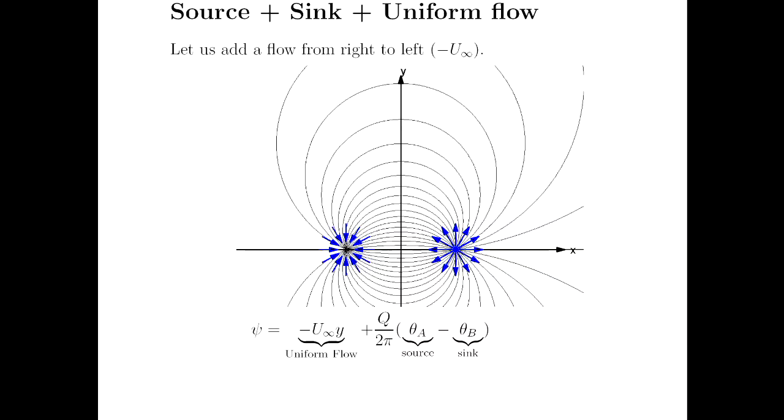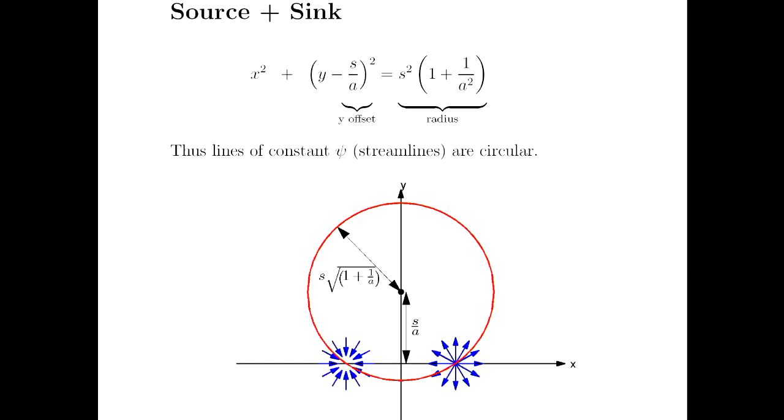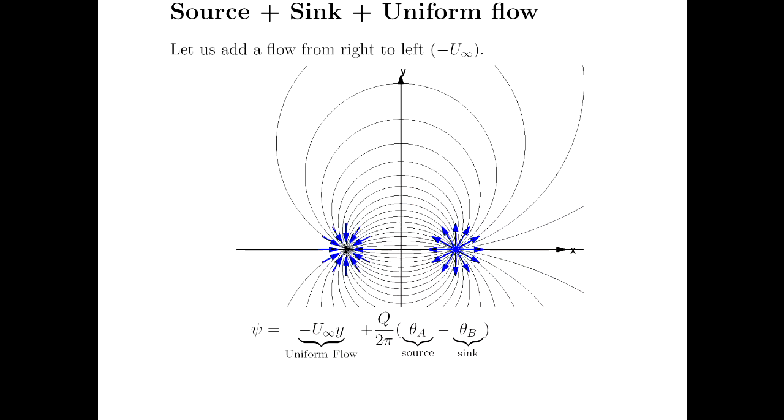Okay, so for this flow, we have a uniform flow which is moving from right to left, negative U infinity. I have a source on the right hand side here, and a sink at the left hand side.